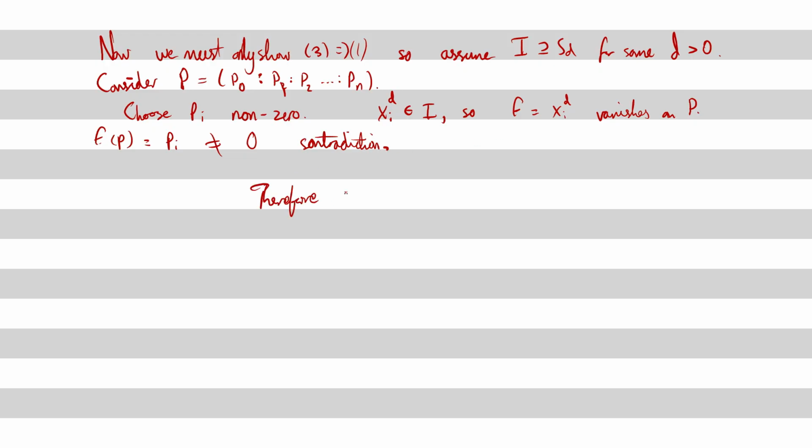Therefore, the projective vanishing set of our ideal is empty. And 3 implies 1. Now, we've shown that 1 implies 2, which then implies 3. So 1 is equivalent to 3, and then the same for each of them.